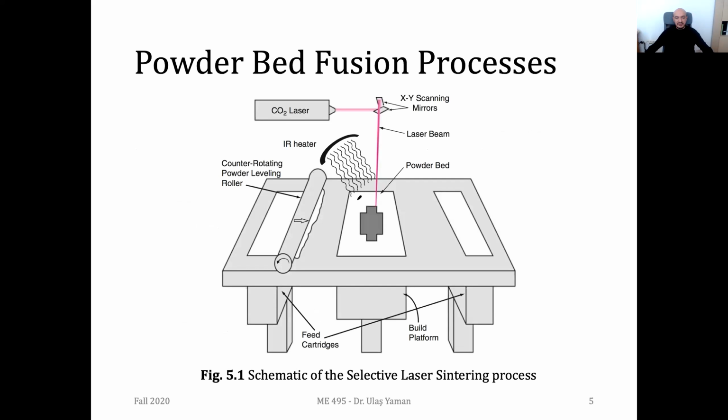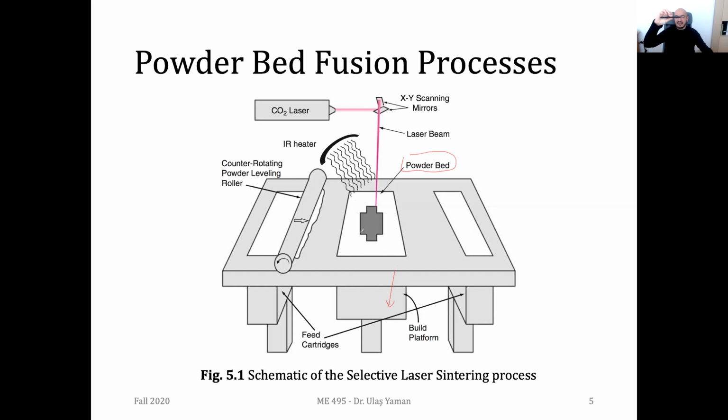Somehow similar to Marcus Kaiser's project. This is our actual build platform, called the powder bed. It always moves downwards once you are done with a specific layer.